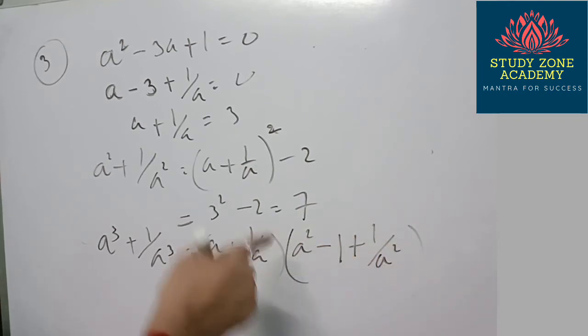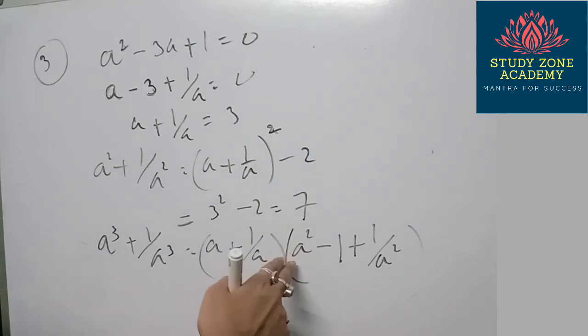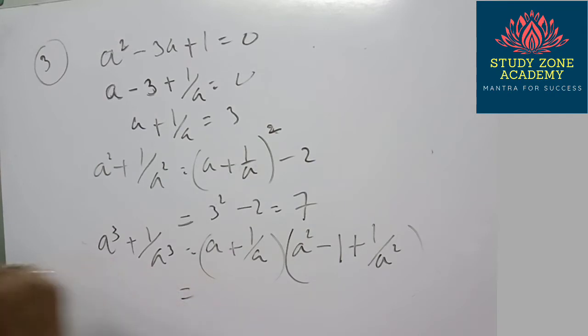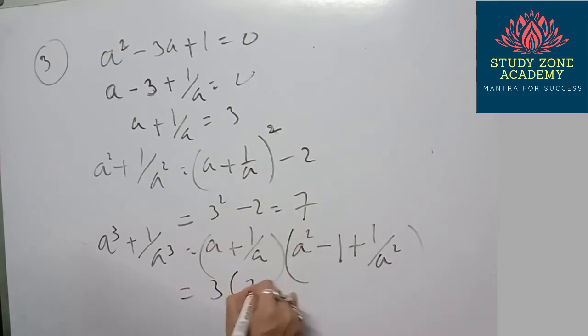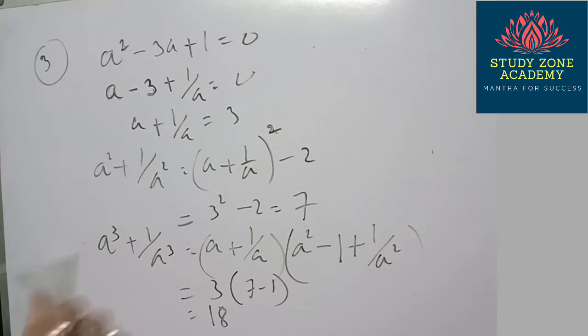We already have the value of a plus 1 by a, and the value of a square plus 1 by a square. We need to just put those values. A plus 1 by a is actually 3. A square plus 1 by a square is 7. So it's 7 minus 1, 3 into 6, which is actually 18. Clear? Fine.